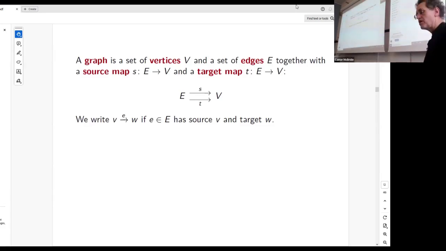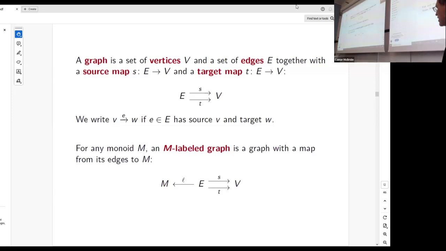It's sort of amazing that there's a huge branch of mathematics devoted to the study of 2 sets and 2 functions between them, but that's the way life works. And so when I have an edge whose source is V and whose target is W, I'll just write it like this. You could almost think of it as some kind of morphism from V to W, but this is not a category. This is just a graph.